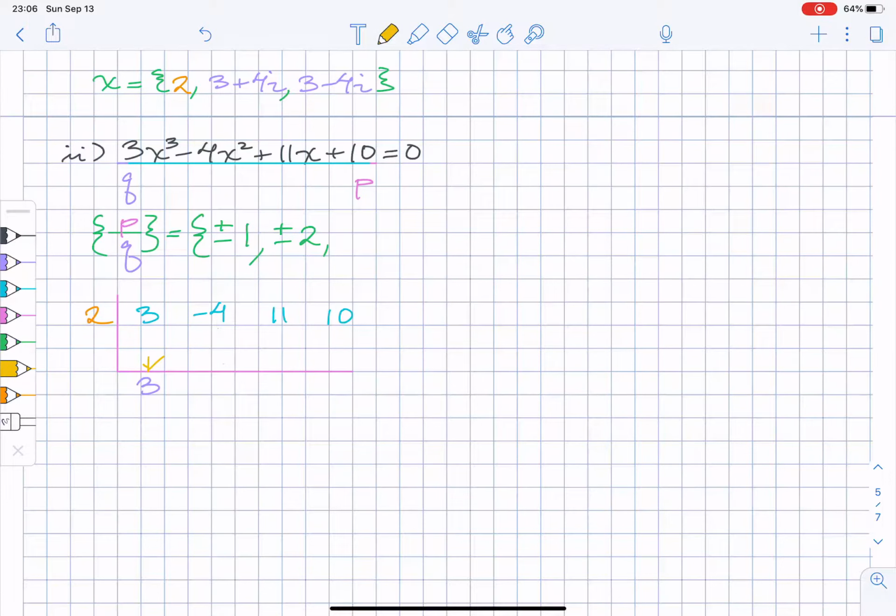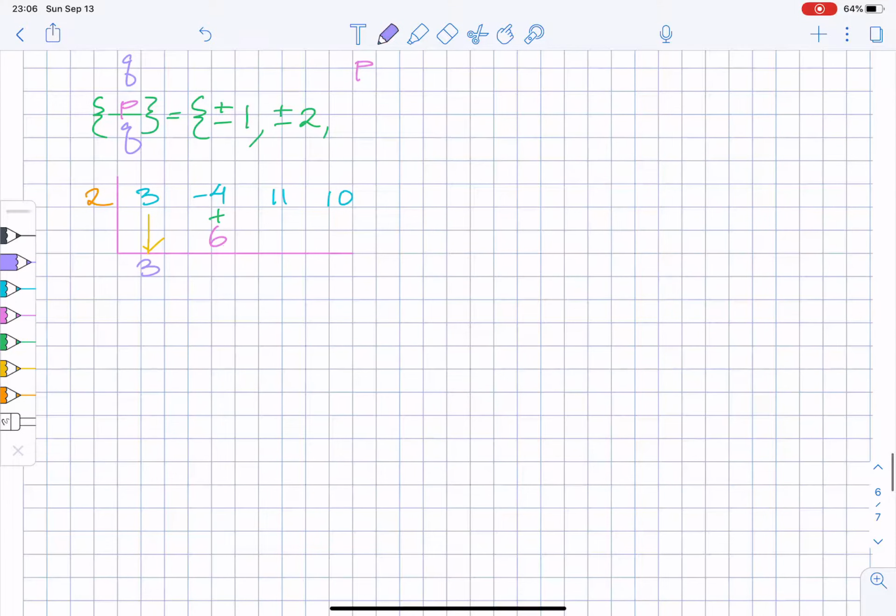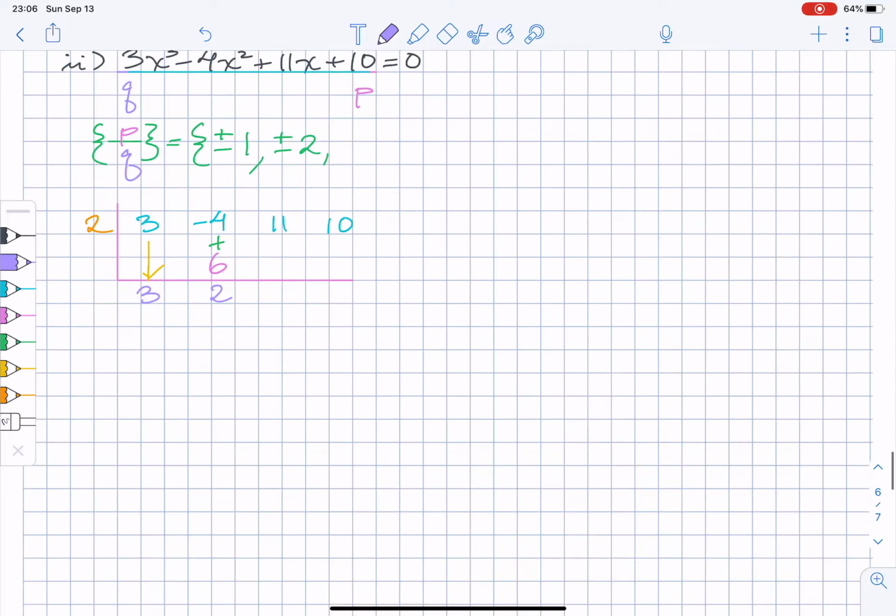I knew it couldn't be that easy. Okay, so 2 times 3 will be 6. Add these together. 6 minus 4 is going to be 2. 2 times 2 is going to be 4. Add these together. We get 15. Nope, that's not going to work.